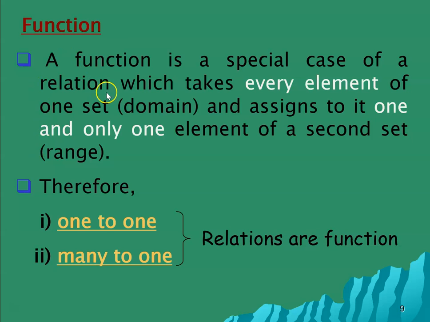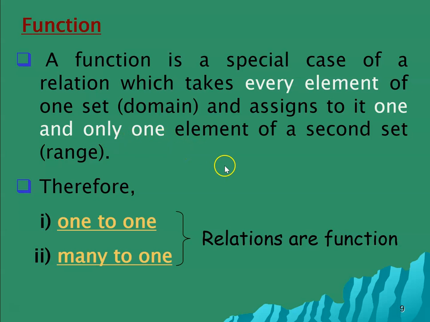So, apa yang dimaksudkan dekat sini adalah fungsi tu adalah special case untuk relation, yang mana dia cuma ambil satu elemen saja. Every element dekat domain dipasangkan dengan one and only one element of the range. Maksudnya dia punya output or dia punya range cuma ada satu, one and only one.